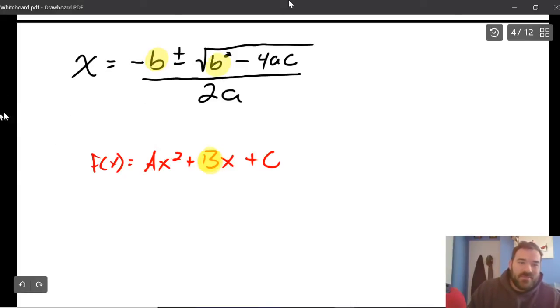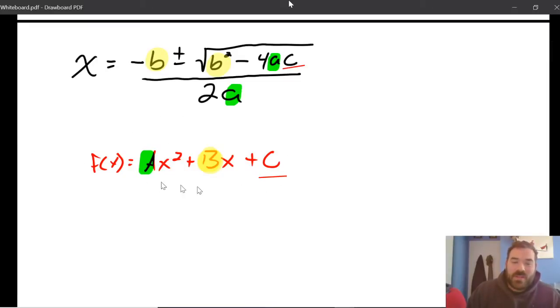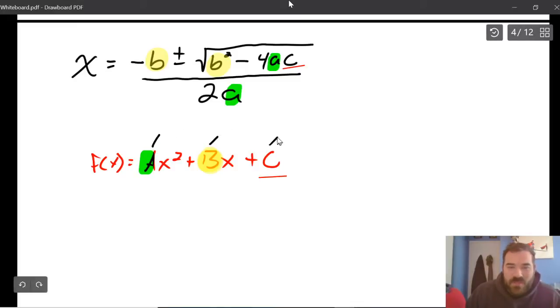This a value is this a value here, and this c value here is the c value right here. So we look at the quadratic equation in standard form, we pull out the coefficients and the constant, and we use those in the quadratic formula to determine what x would be for a certain y value.